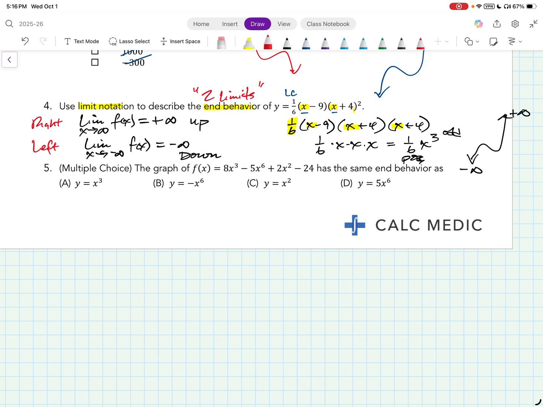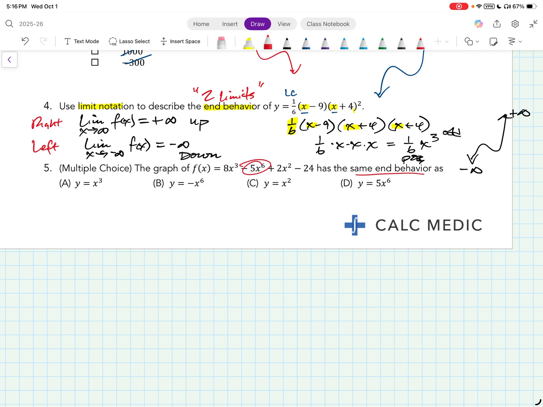All right, and the last one, multiple choice: given this graph of the function, which has a dominant, that's not the dominant term. The dominant term is negative 5x to the 6th. Notice it's even with a negative lead coefficient. So which has the same end behavior?